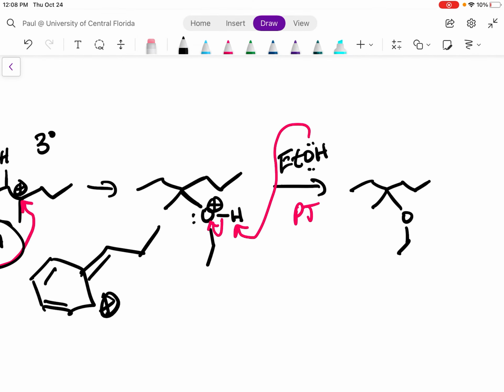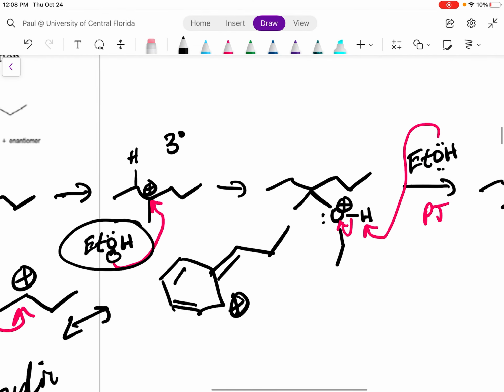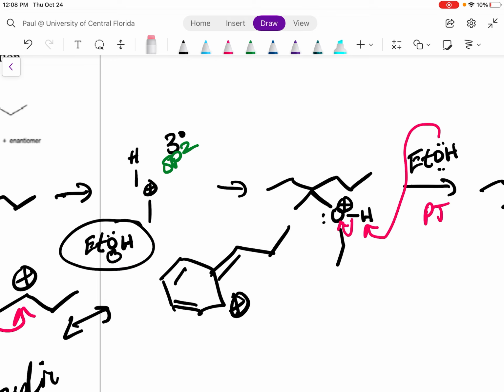Now we have to be very careful, because right now the way I'm showing you the mechanism, I'm not showing the stereochemistry. So if we back up and look at that carbon, we see that it is sp2 hybridized. So that means it's flat, or trigonal planar. So when ethanol comes in and attacks, it can attack from the top face or the bottom face.